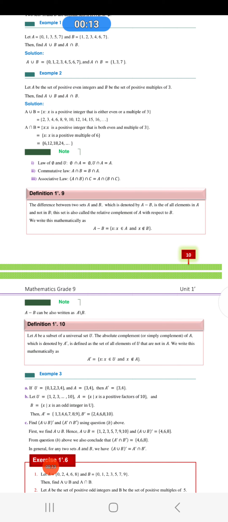Okay, our lesson today is Mathematics Grade 9, Unit 1, about sets.